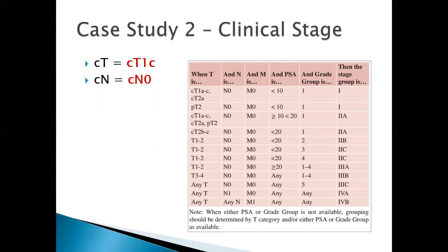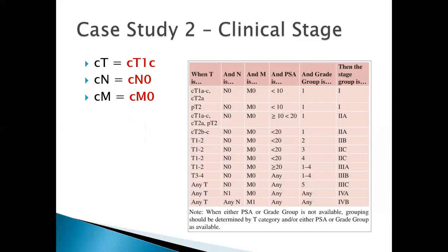All you have to have is an examination to assign an N0, and that is stated in chapter 1 of the AJCC manual. And then clinical M is cM0. There was nothing indicated by the physician that the patient had metastatic disease.